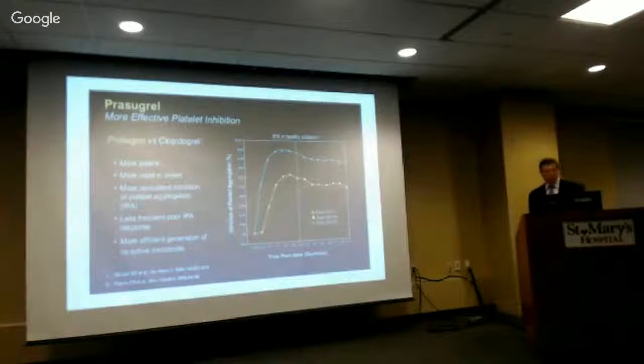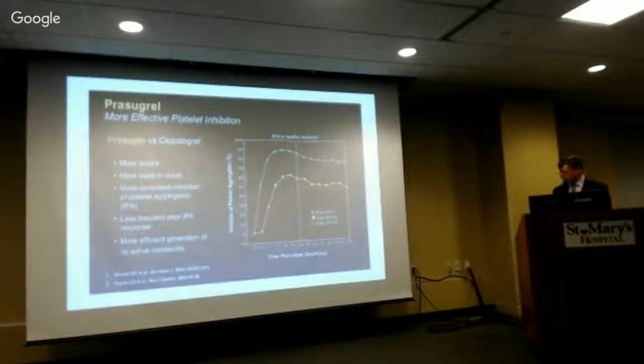So this is a study in healthy subjects, loading them with prasugrel and continuing a dose, or loading them with 600 milligrams of clopidogrel and continuing a maintenance dose, or 300 milligrams. And this first one is the way that we traditionally did it, giving 300 milligrams of clopidogrel followed by 75 milligrams a day. And this measures platelet inhibition. You can see if you go to the 600 milligram dose, you get more rapid and more potent platelet inhibition. But if you change to prasugrel, you get very, very rapid platelet inhibition, much more effective than clopidogrel at inhibiting platelets.